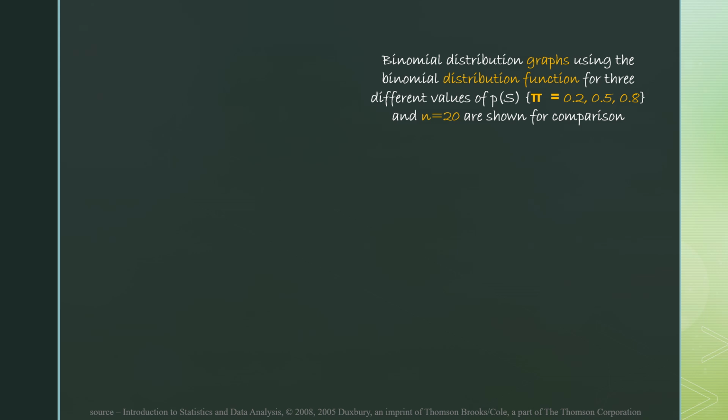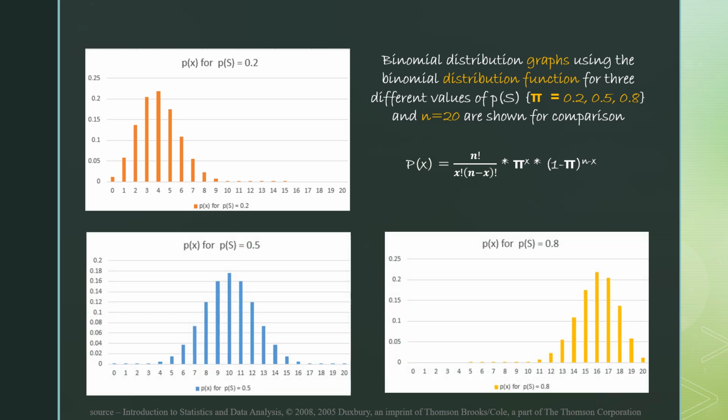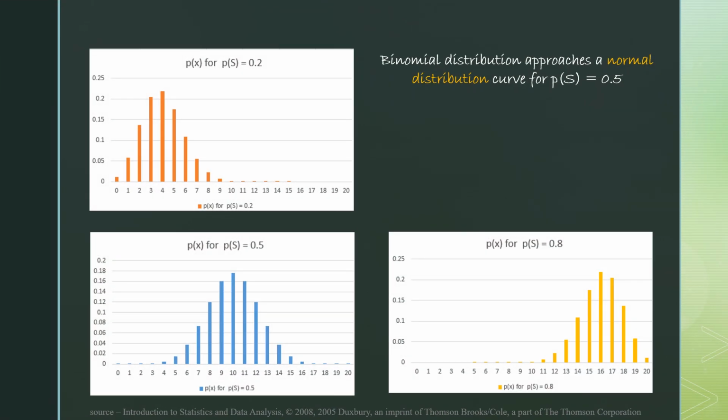Binomial distribution graphs using the binomial distribution function for three different values of probability of success, 0.2, 0.5 and 0.8, and n equals 20 are shown for comparison. Binomial distribution approaches a normal distribution curve for probability of s equals 0.5.